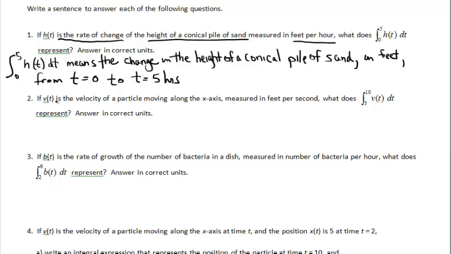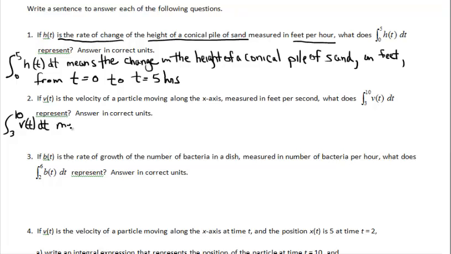So let's look at number 2. v of t is a velocity. It's a rate of change of position. It's moving along the x-axis. And the rate is measured in feet per second. So what is the meaning of this integral? So integrating a rate, you lose the rate. Well, when we lose the rate, it's per second. We're back to feet.